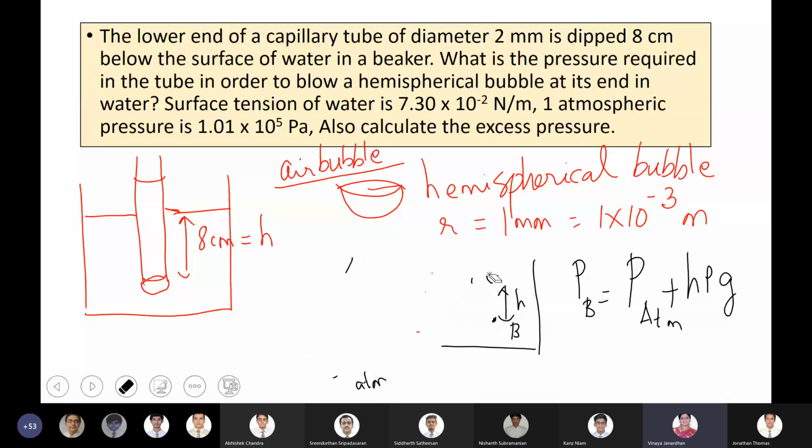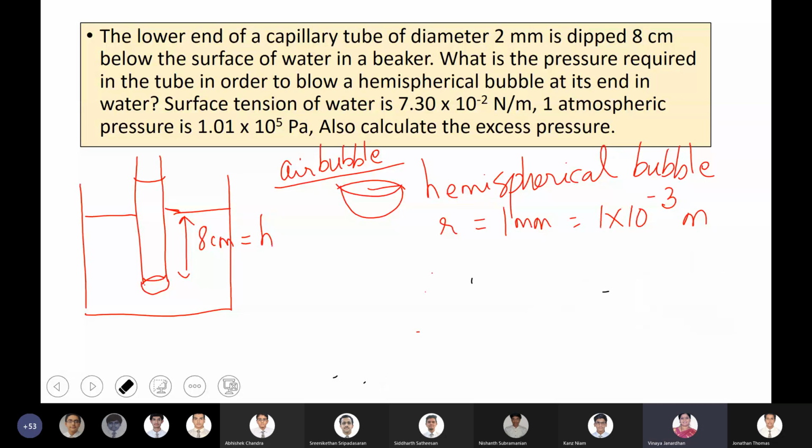So now let us go back to the pressure acting on the hemispherical bubble. You start with the pressure outside the bubble.